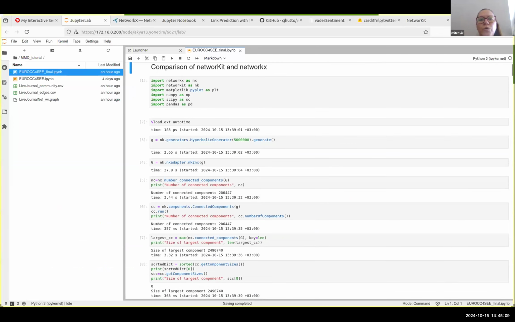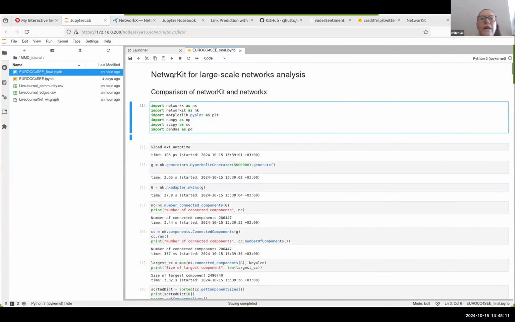First, I wanted to show you how we can compare these two tools. They have a very similar syntax, so if you are familiar with NetworkX, as most people who study networks are, it's not that complicated to translate to NetworkKit.